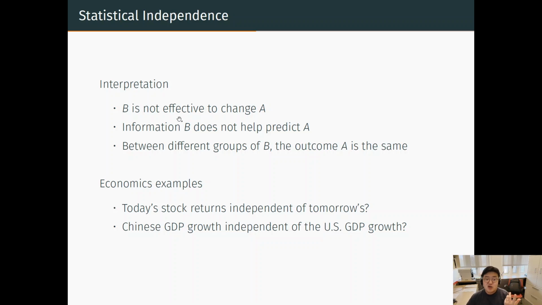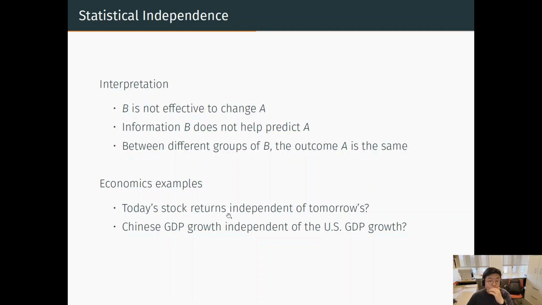For example, in a more economic context, if today's stock return is independent of tomorrow's stock return, then when you predict tomorrow's stock, you don't need to observe what's going on now, because they are independent.